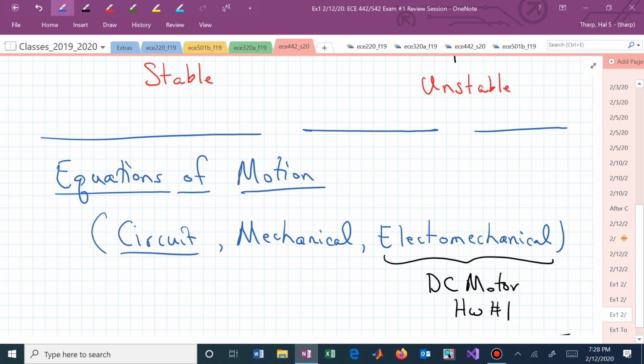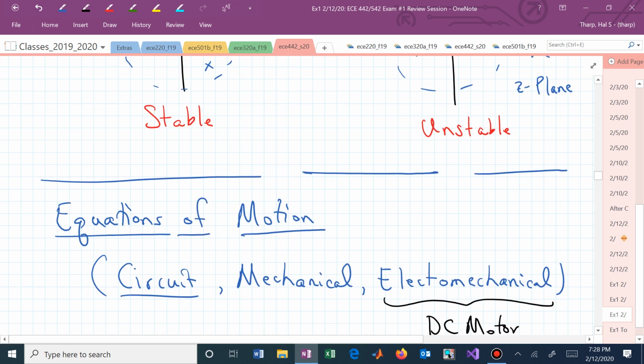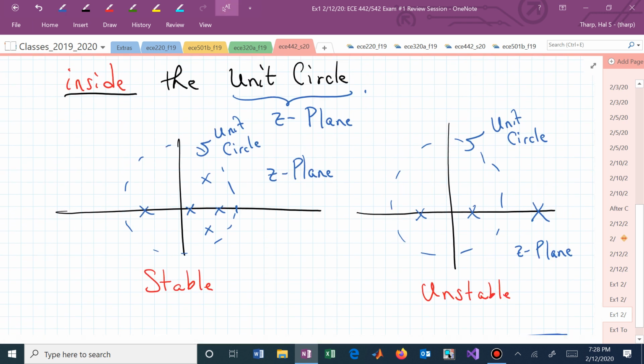Yes? Before you move on, if you have a state space representation, can you directly say from that if the system is stable, or do you have to go through to get your transfer function? So now if you have a state space representation, how do you assess stability? You then need to look at your system matrix. Did we call that phi, capital Phi, I think, in discrete time?